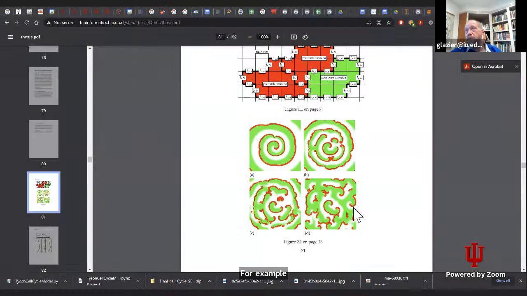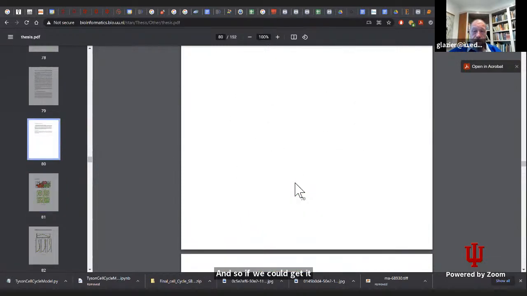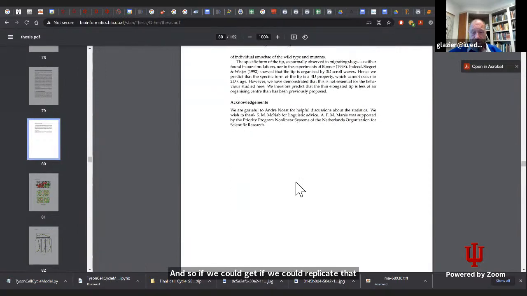For example, this is his model of aggregation, and so if we could replicate that aggregation result, that might be interesting.